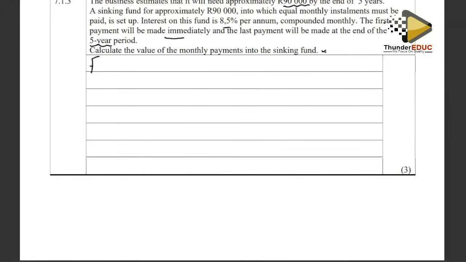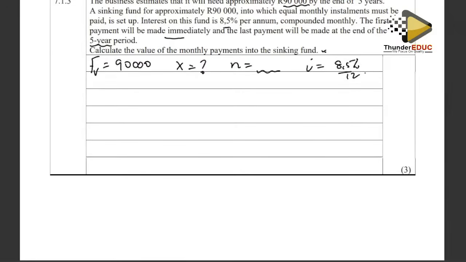So our future value is 90,000. Then we know that X is what we're looking for. The N is going to be, now before we get to the N, let me write the i. It's compounded monthly, 8.5% over 12.